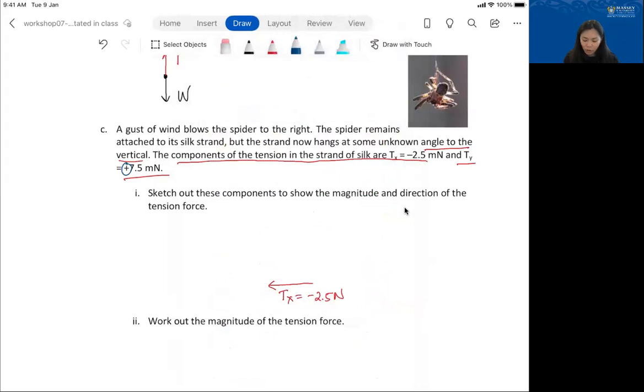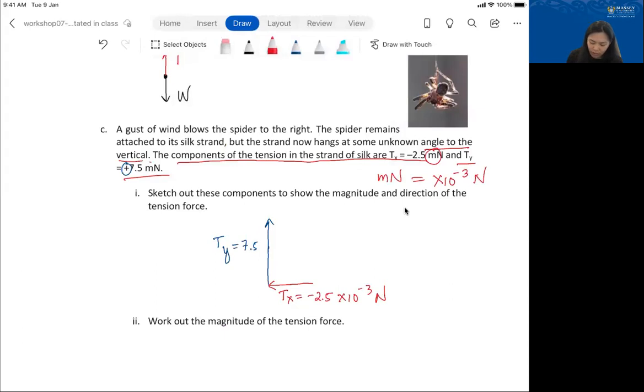Be careful when drawing your y component. You might be tempted to draw it this way, but you have to draw it so that the head of the x component meets the tail of the y component. This is your y component, which is 7.5 millinewtons. Sorry, I missed the prefix there. The prefix milli, which you learned in the last two lectures, means times 10 to the minus 3, so you need to include that.